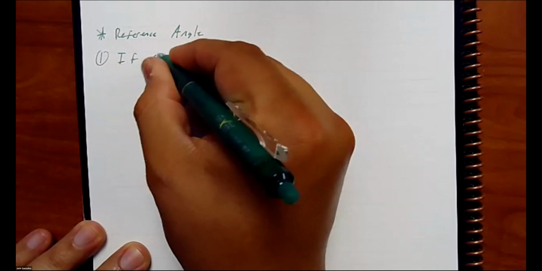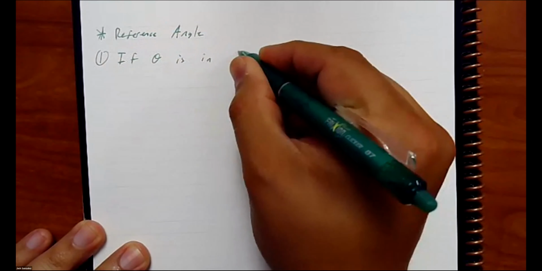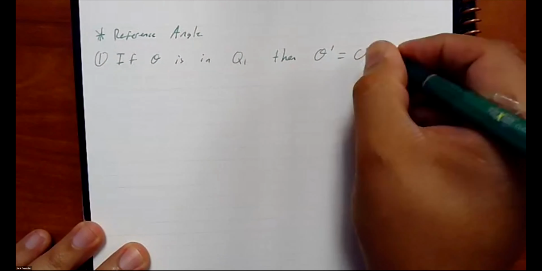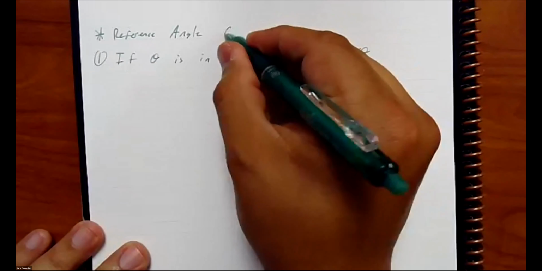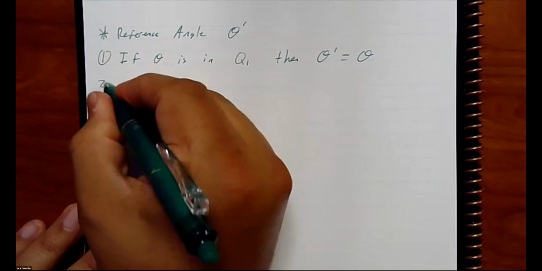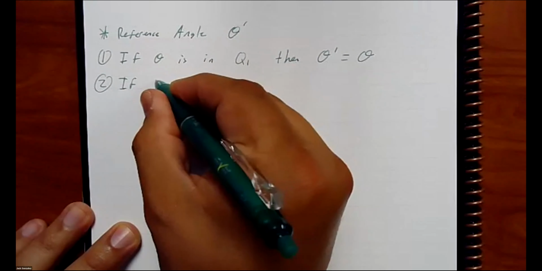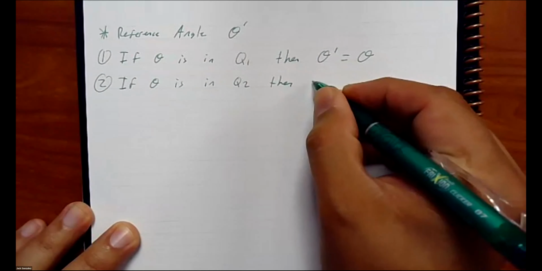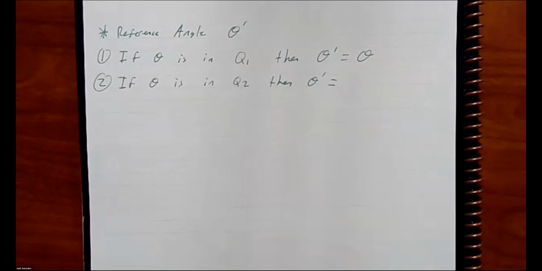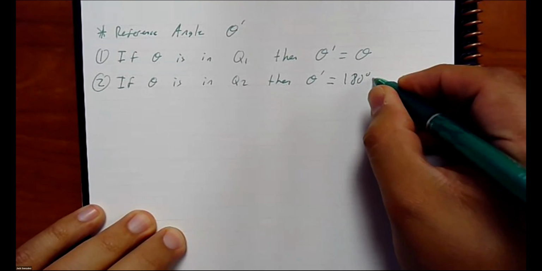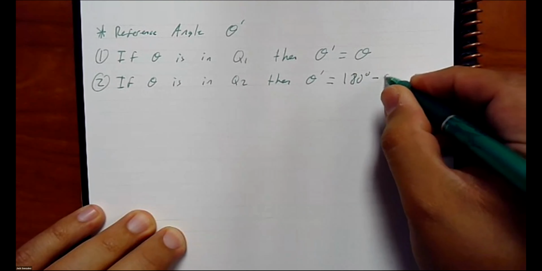Number one: if theta is in quadrant one, then theta prime equals theta. Theta prime will denote reference angles. Number two, if theta is in quadrant two, then theta prime is equal to 180 degrees minus theta.